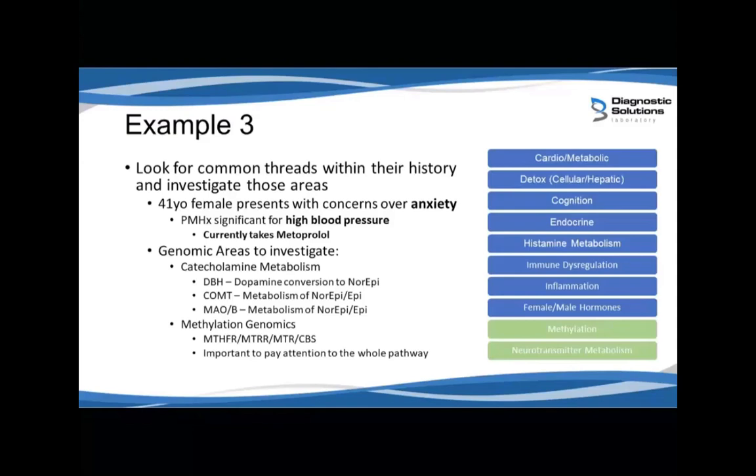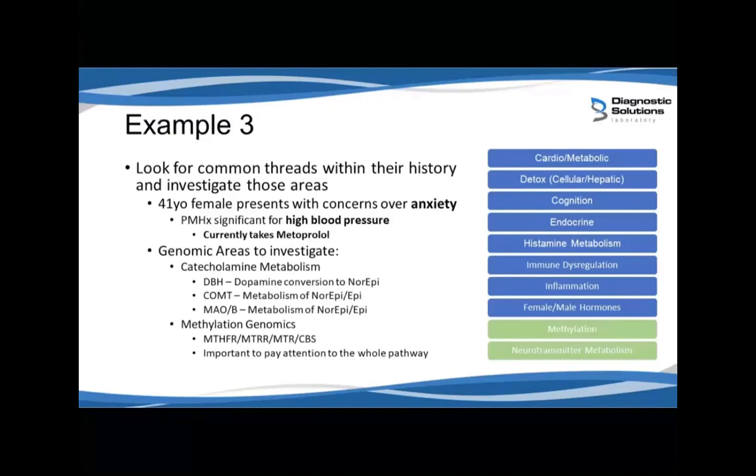And so within the genomic categories and areas to investigate, what we want to look at first is catecholamine metabolism. For example, if someone is running with high amounts of catecholamines, so norepinephrine, epinephrine, they're going to be at a higher risk for things like anxiety and high blood pressure.